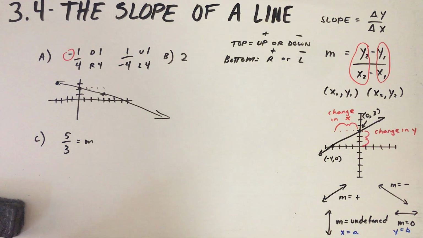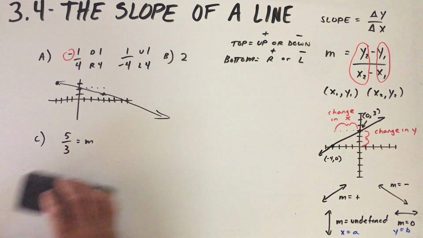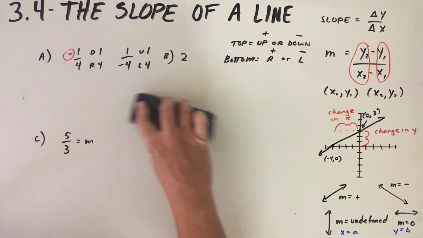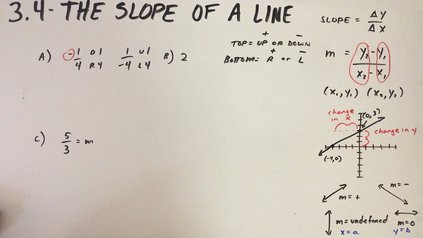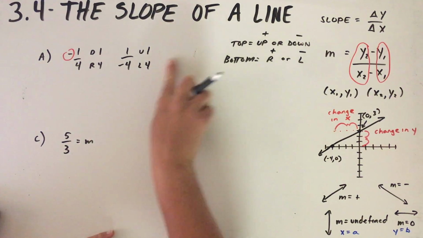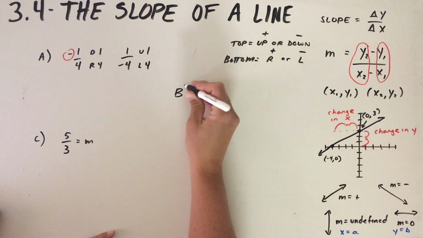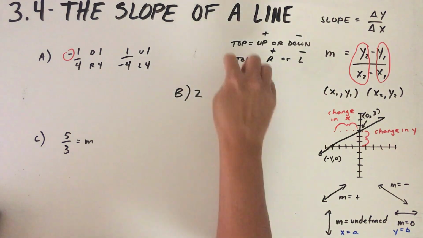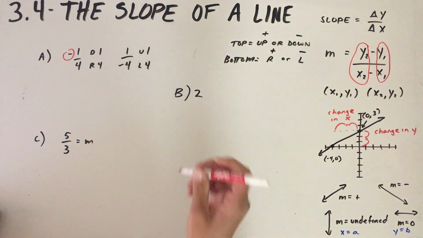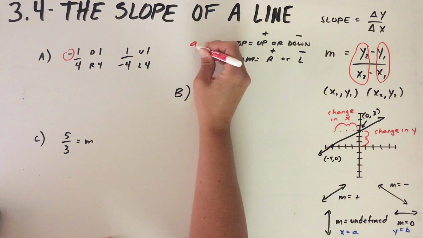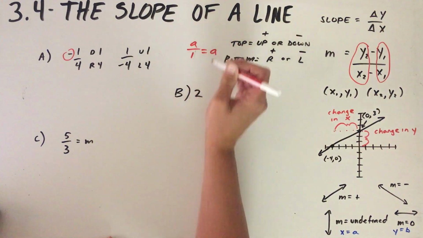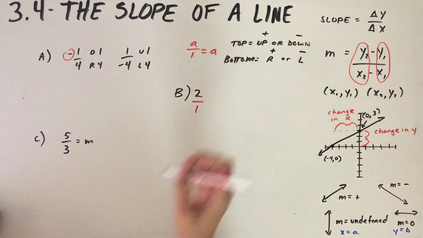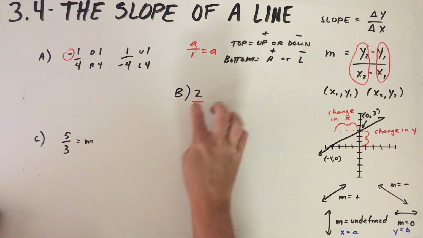Well, let's interpret then this slope of 2. Slope of 2, I'm going to scoot this down here, is just, there's no top and bottom, so I need to make a top and bottom. Remember that anything divided by 1 is itself, so I can just put this over 1. Now note here that this 2 is a positive 2.